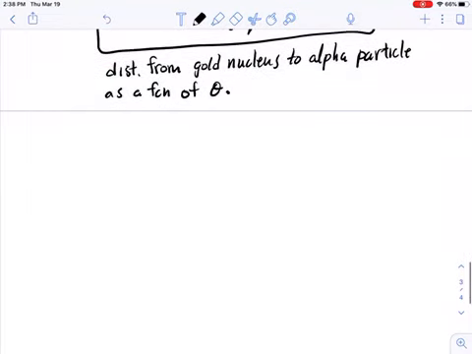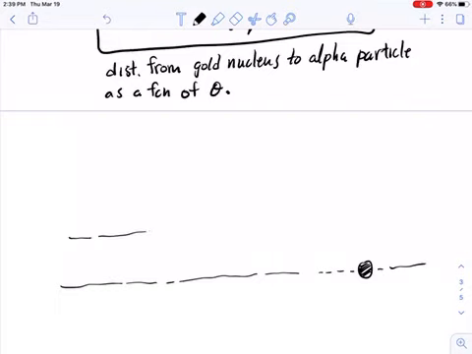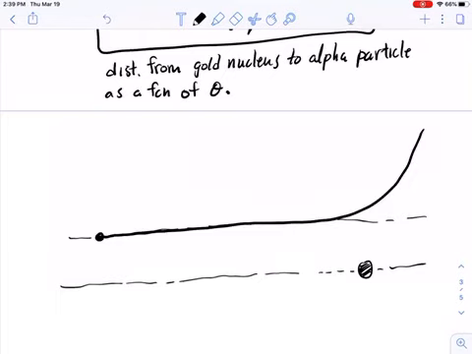So let's go back to this picture where we've got our gold nucleus over here, and then we've got our alpha particle initially over here, and then it follows this path like so. I think I want to see if I can do a little bit of a better one.